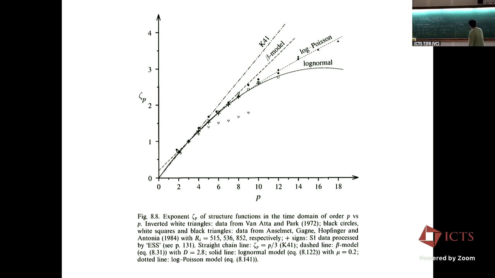We said, all right, let's build a model where I'm going to tinker around with this cascade picture, because I know again from data that things are intermittent. So why not try to make our cascade model, quote unquote, intermittent?